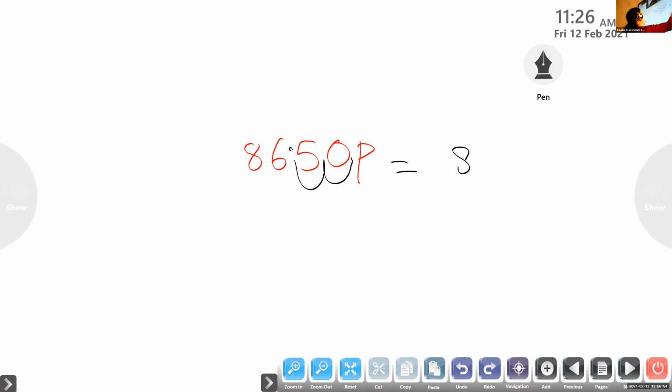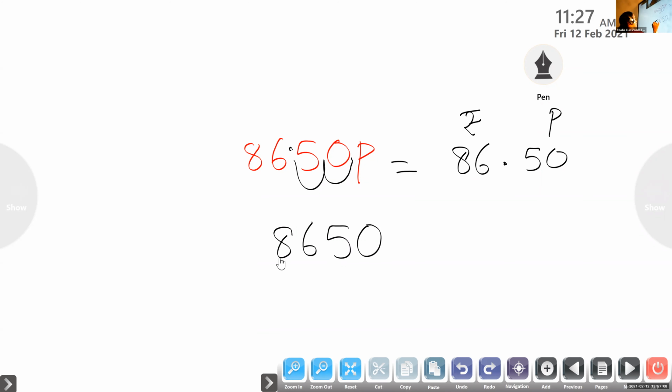So this is 86.50. That means 86 rupees and 50 paise. So children, when you divide 8650 by 100, you will get the integral part.